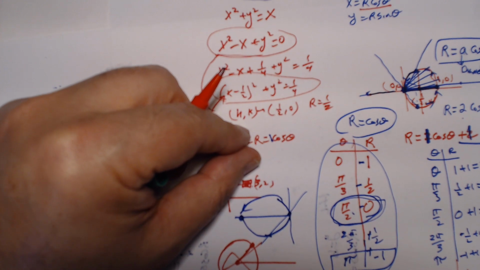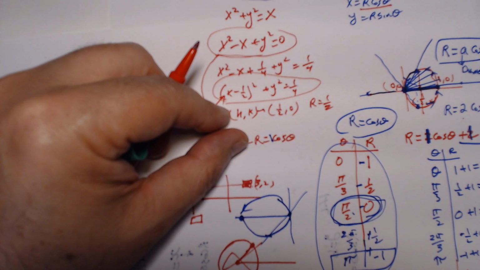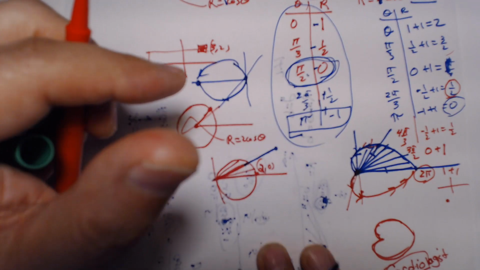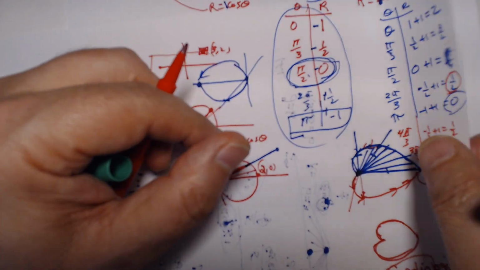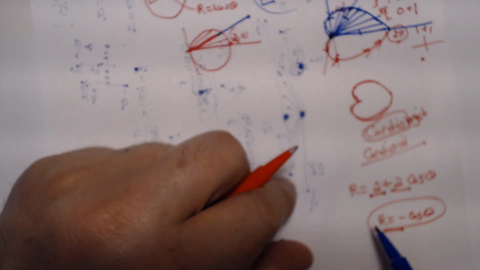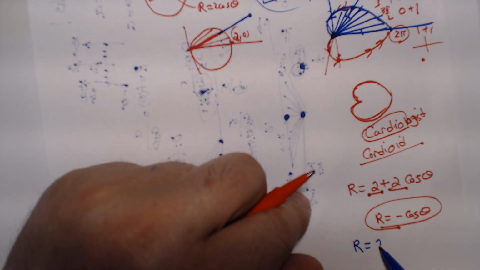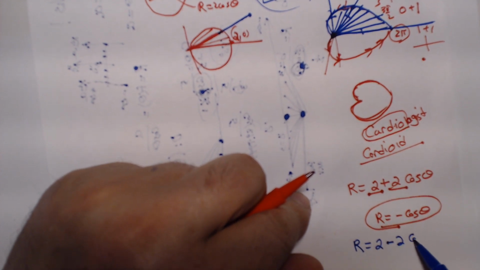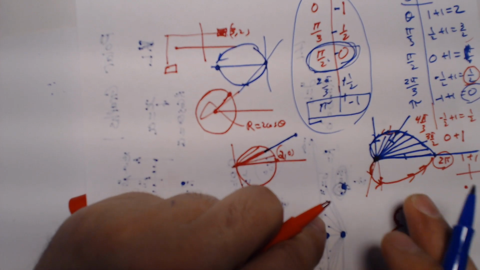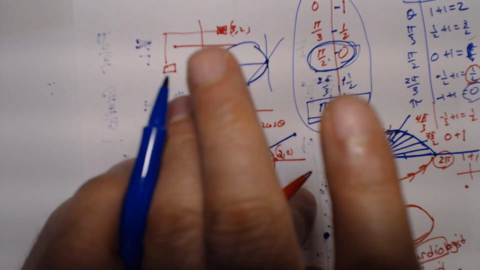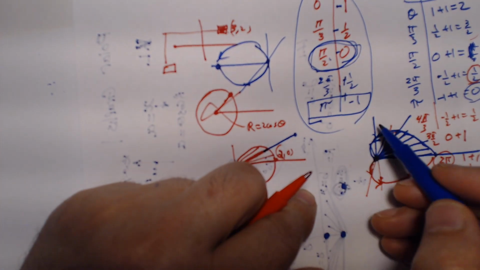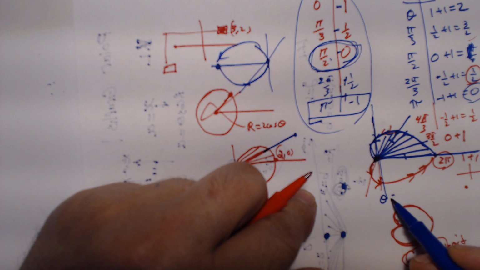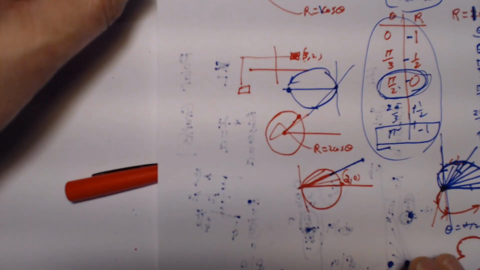Therefore, it's exactly the graph of a circle which you flipped to the other side. Then, if I go back right here, and I ask, what is r equal to 2 minus 2 cosine theta? It is the graph of a cardioid. You just reflect it along the line theta equal to pi over 2.